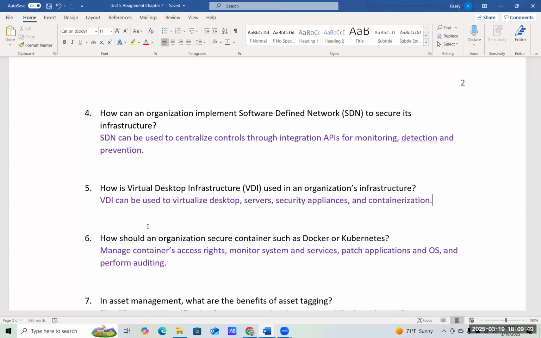So there are many different types of products available for virtualization, but ultimately, a virtual desktop infrastructure can be for different types of systems, like your computer desktop, your PC, your servers, your appliances, or your Docker or Kubernetes.